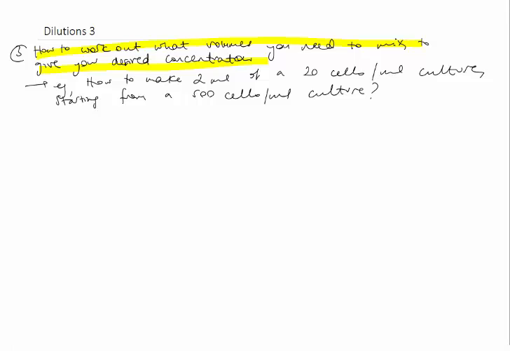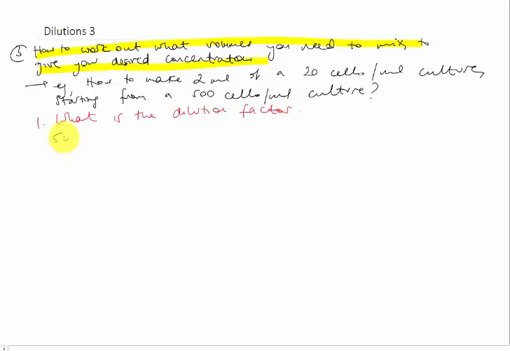So the first thing you have to do is work out what the dilution factor is. You already know how to do that. This is just the same as we had before, so that's 500 cells per mil. We have to divide by 25 to give us 20 cells per mil.